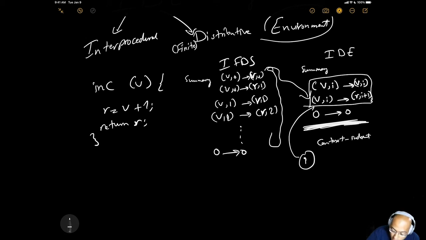Forget about the IFDS functions for now. What would be the function that, if I want to annotate the edge or use as a summary for that function inc, would be based on these data flow facts in that rectangle here? What do you think the function would be?